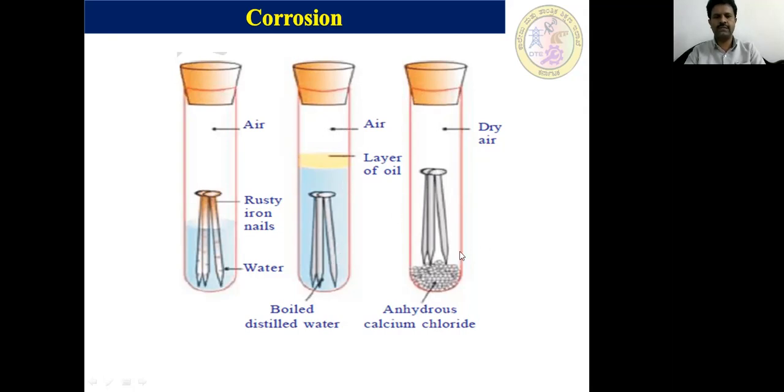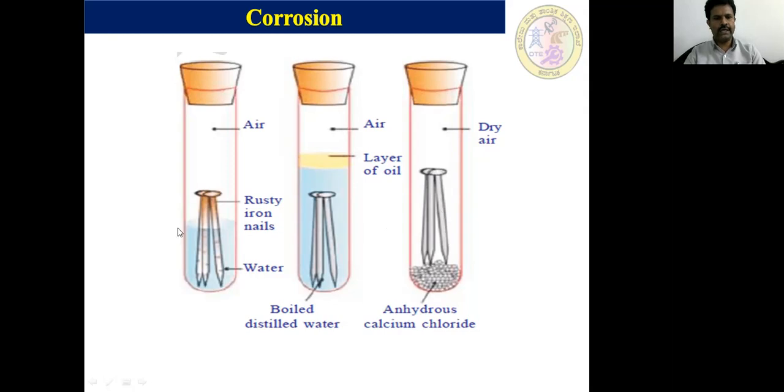In the third case, the test tube does not contain water, and they have used anhydrous calcium chloride, which will absorb any moisture present in the surrounding environment. Hence, there is no moisture in contact with the metal, but the metal is in contact with air.